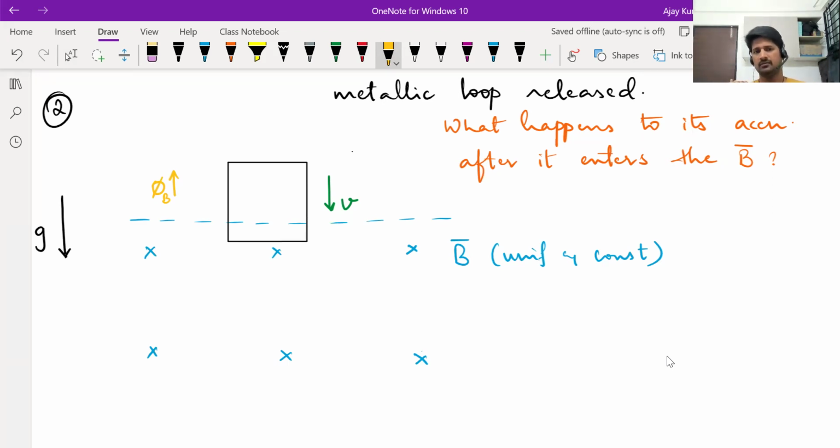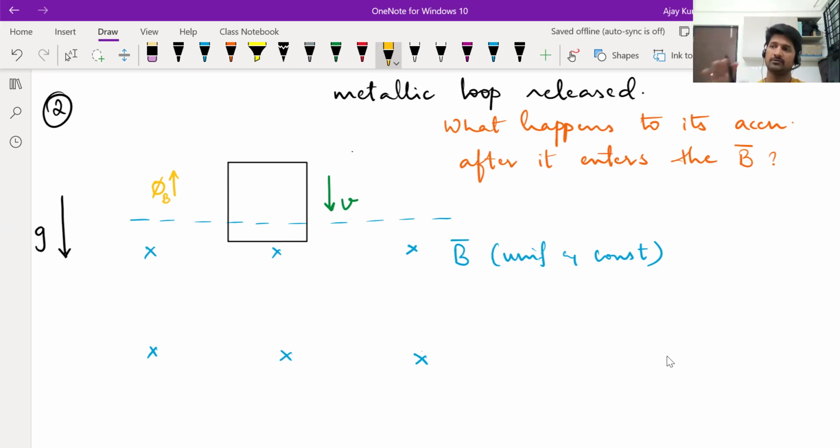Then there will be EMF induced. After that, what will happen? Then the current will flow in anti-clockwise. See, the existing magnetic field lines are into the screen. And as the loop enters this magnetic field, the inward flux through the loop is becoming stronger.